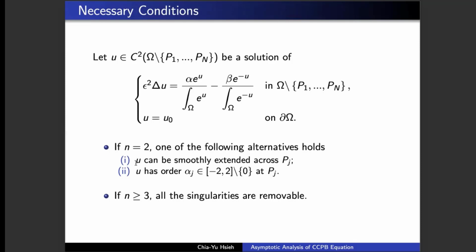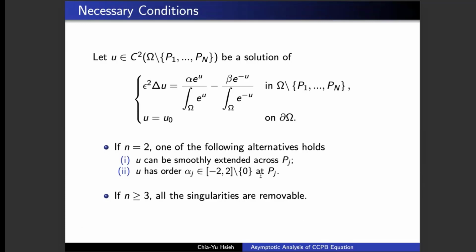The order means the limit of the ratio U over log |x - P_j|. Okay, and for the high dimensional case, the Brezis-Véron result gives us that all the singularities are removable.